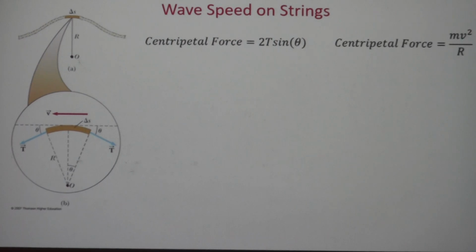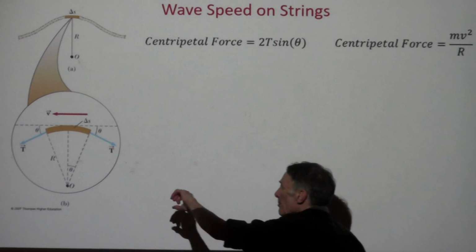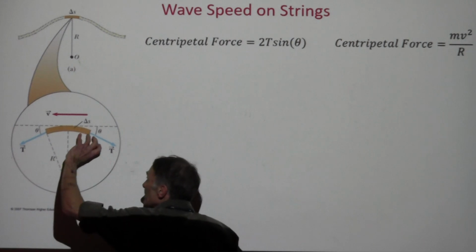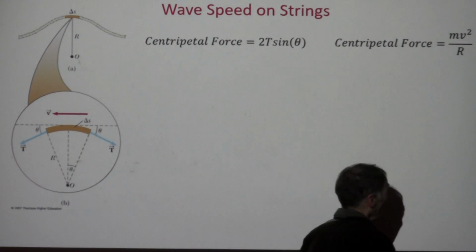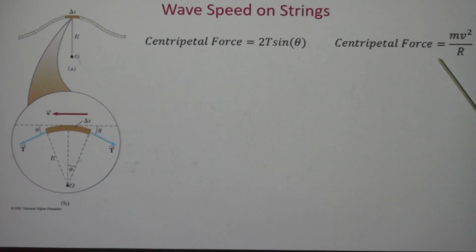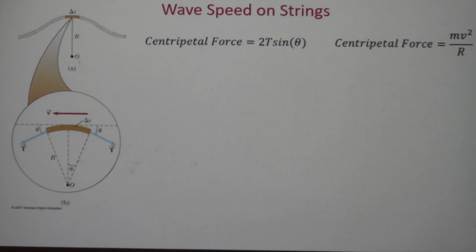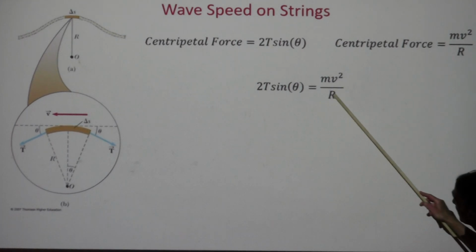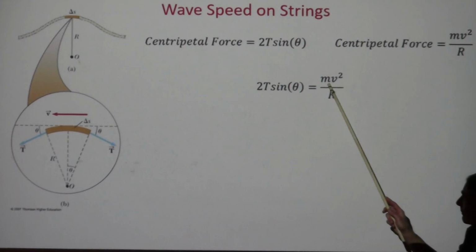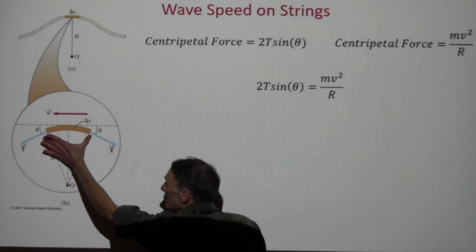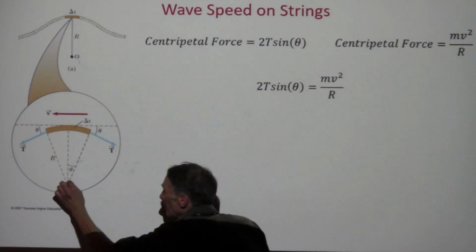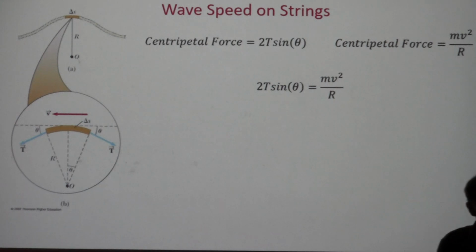And imagine that, at least instantaneously, it's kind of rolling and moving in a circle, so that centripetal force is mv squared over r. We can set these two things equal, and we have this relationship. The mass of this thing really depends on what theta is. We need to get a little piece, the mass of that, and relate that back to theta.